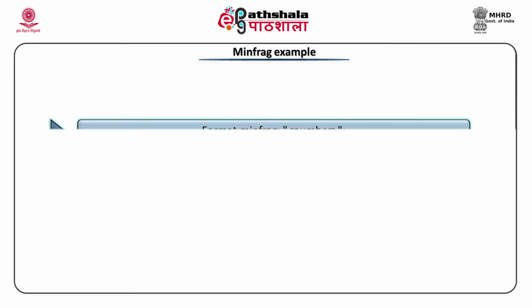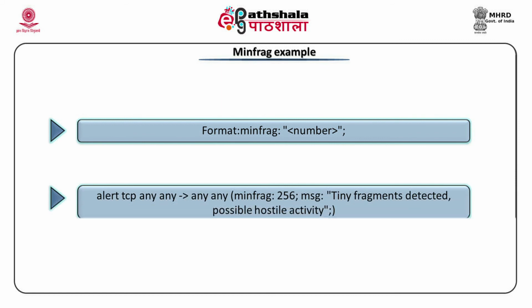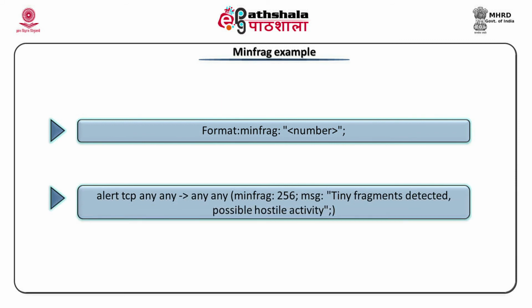Minfrag sets a minimum size threshold for a fragmented packet. It sets the boundary for the minimum fragmentation size that is acceptable on a network segment. Why is this helpful? Because if an attacker fragments the packet into tiny pieces and transmits them to use up bandwidth, then this can identify that the minimum fragment size should be this, tiny pieces are not acceptable.